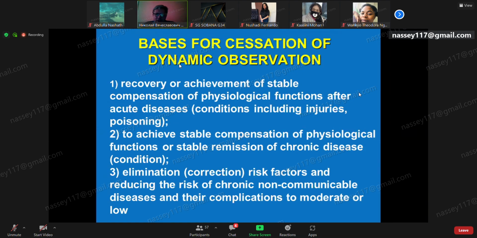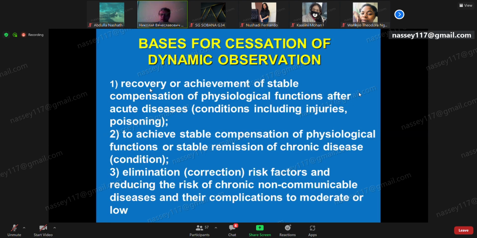Also, some details or parameters of dynamic observation. Sometimes we can recommend and confirm a cessation of dynamic observation on some bases.